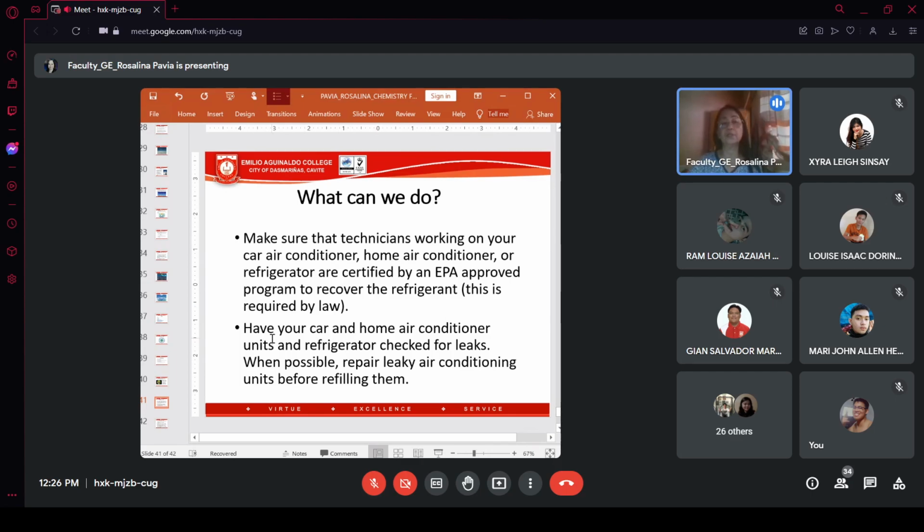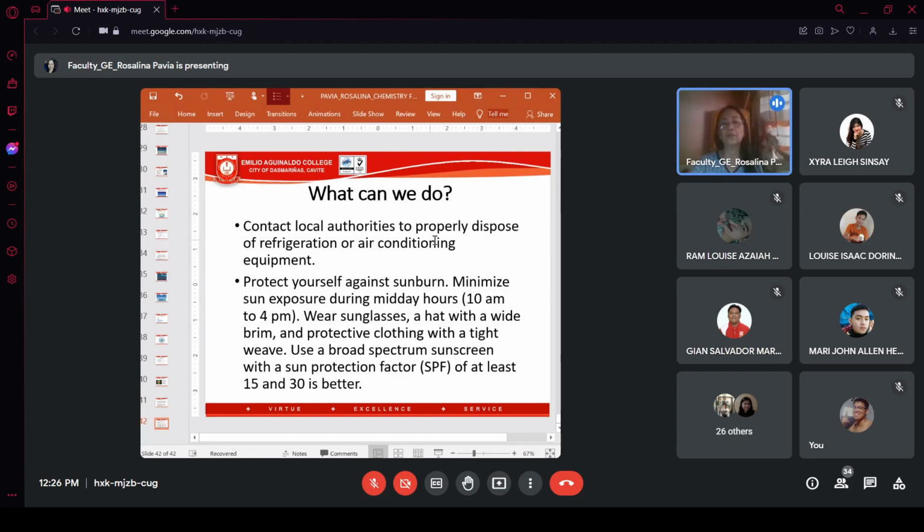Now, another thing is have your car and home air conditioner units and refrigerator checked for leaks. When possible, repair leaky air conditioning units before refilling them. Another thing, contact local authorities to properly dispose of refrigeration or air conditioning equipment. Yung mga sirang AC units and refrigerators, they should be disposed of properly.